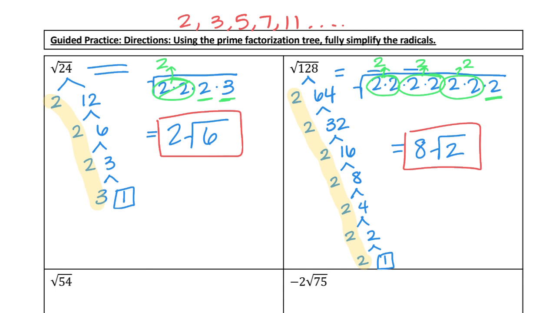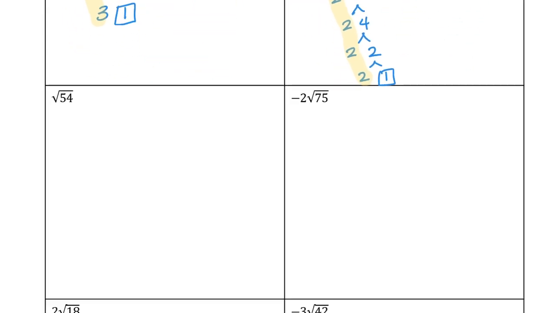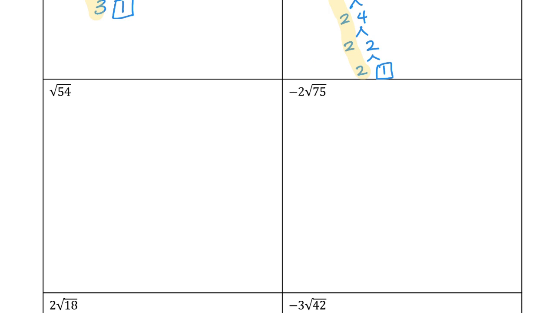All right, moving on. Our next one is the square root of 54. Just like the others, we're going to start by first dividing by 2 because it's even. So that would be 2 times 27. Now 27 is not divisible by 2, so you go to your next prime number, which is 3.